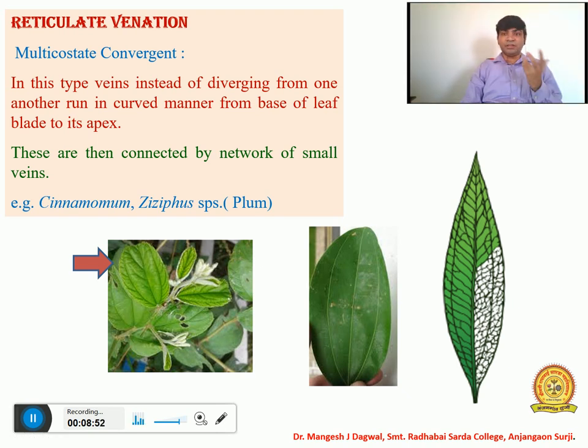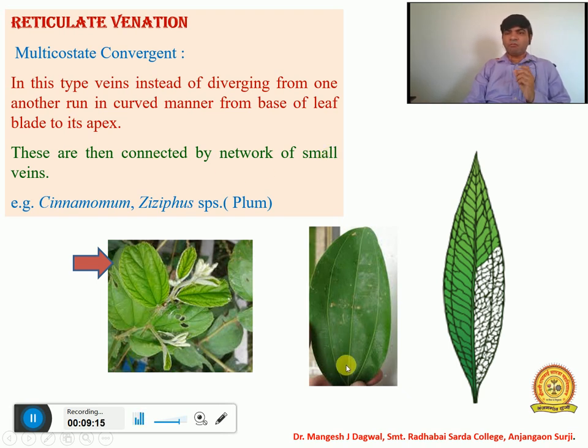What is this convergent? In this case, these main veins converge. In this type, veins instead of diverging from one another run in a curved manner from the base of the leaf blade to its apex, and these are then connected by a network of small veins.